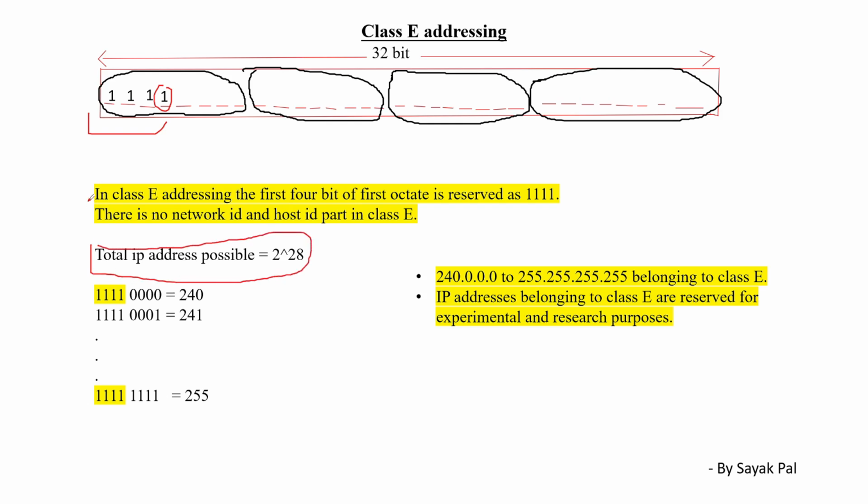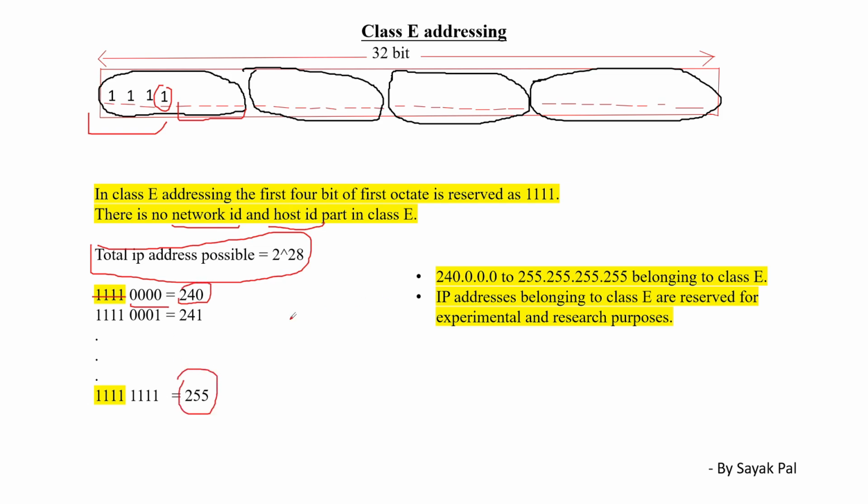Here also there is no concept of network ID and host ID in class E, and the range is 240, because these are the reserved bits, and if we arrange these 4 bits, then it is 240 to 255.